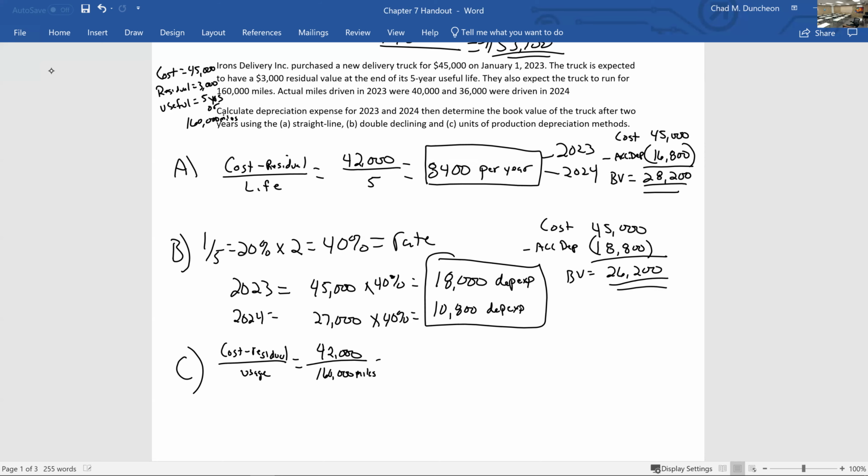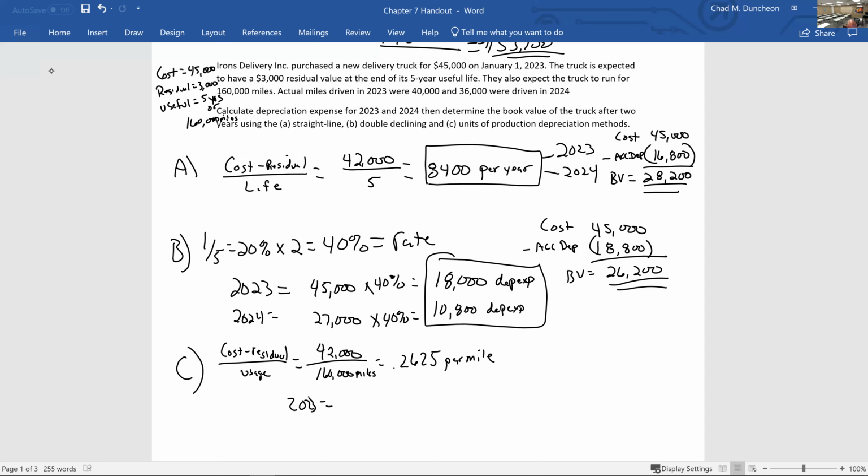So that was our cost of 45,000 minus the residual value of 3,000 divided by our useful life under the units of production, or 160,000 miles. So we get 0.2625 per mile.